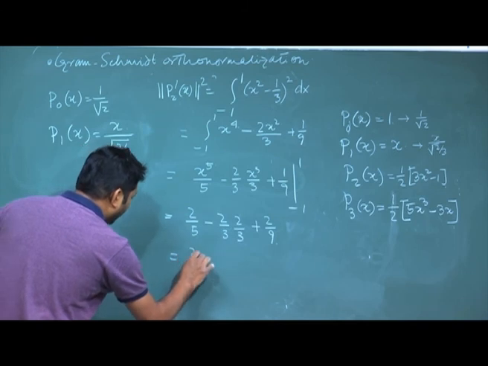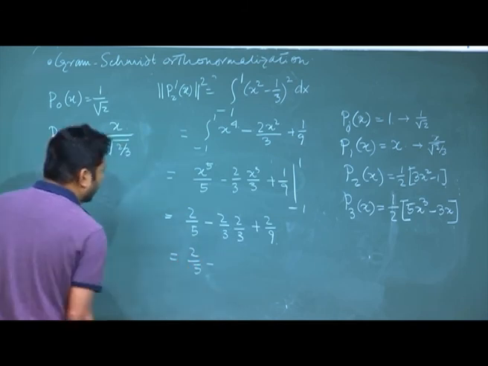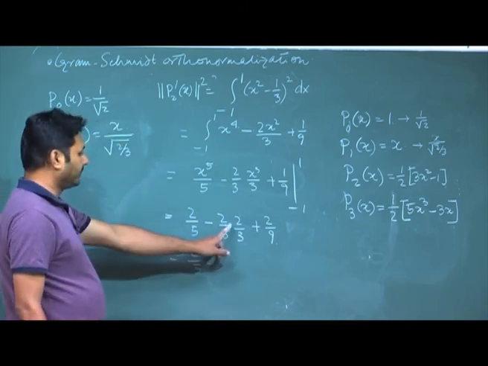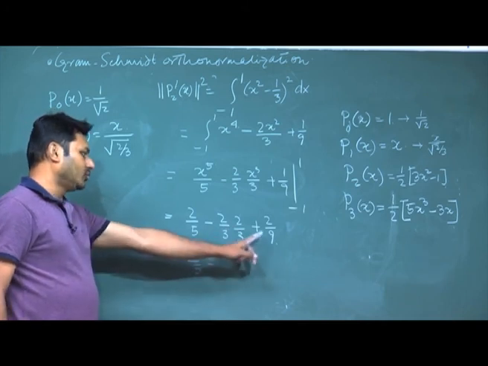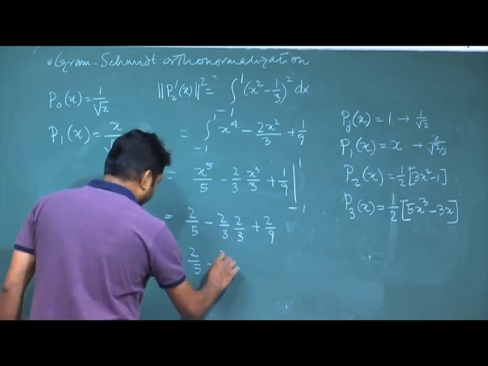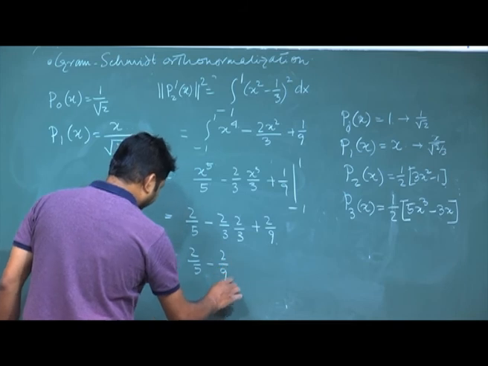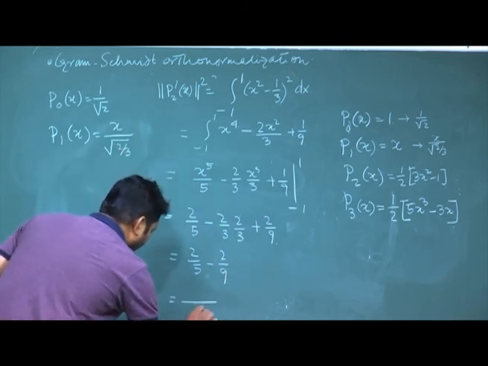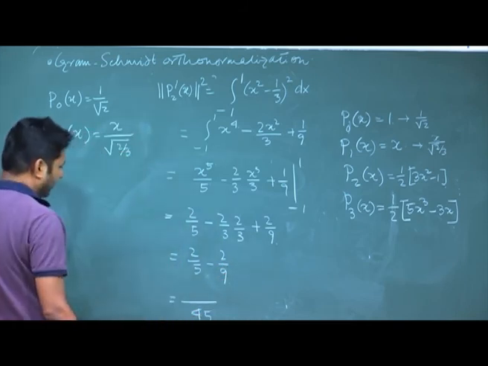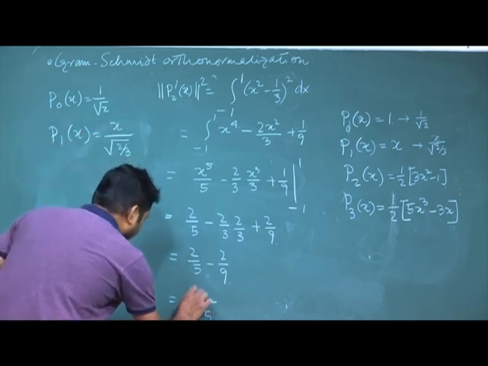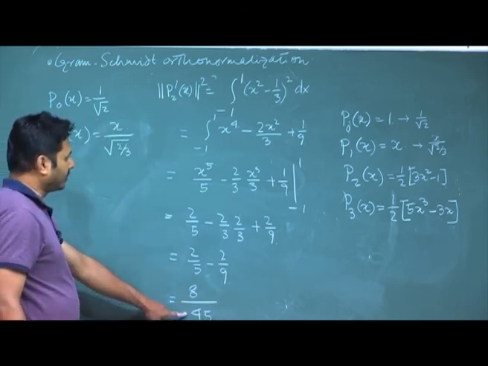So, it will be 2 by 5 minus, this is 4 by 9, this is 2 by 9. So, I will have 2 by 9, so it will be 45 and 8 by 45, this quantity.